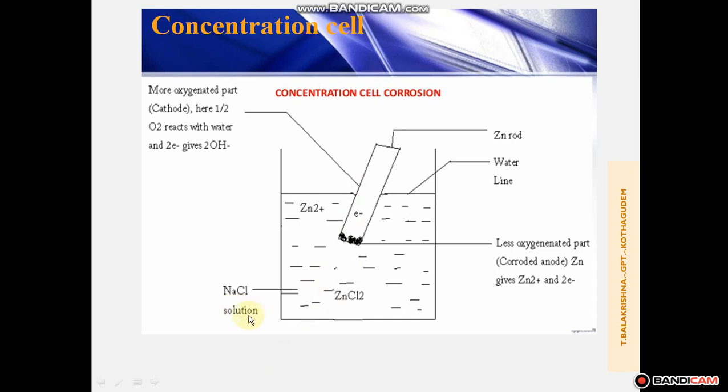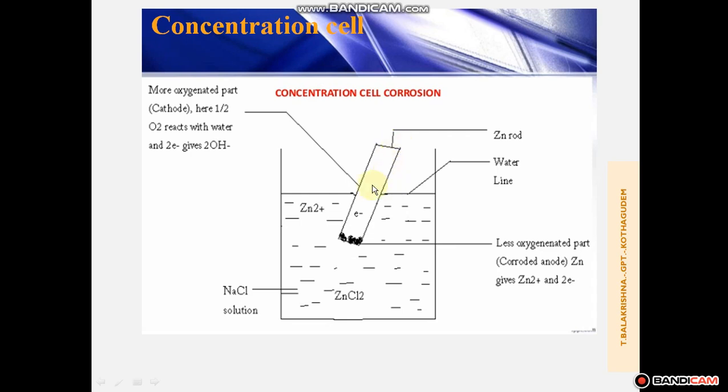That means the part which is immersed in the solution is less exposed, less concentrated, with less concentration of O2, hence that acts as an anode.